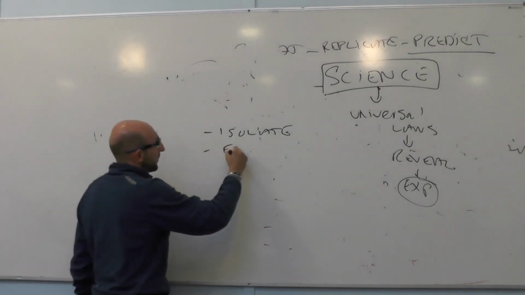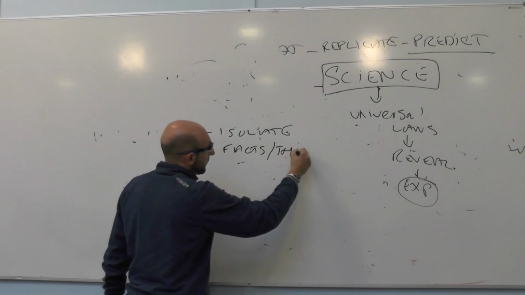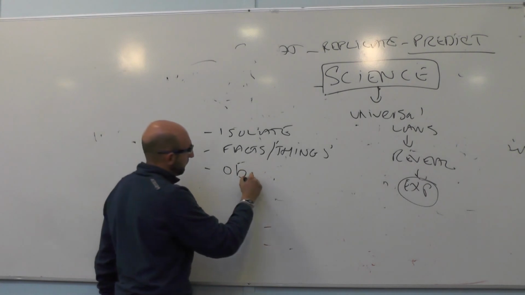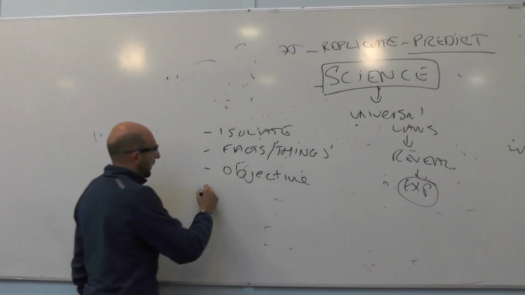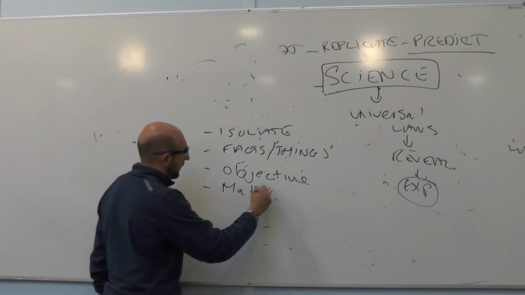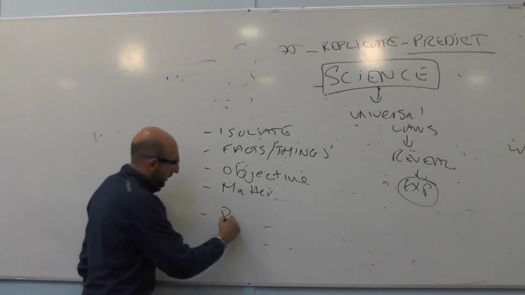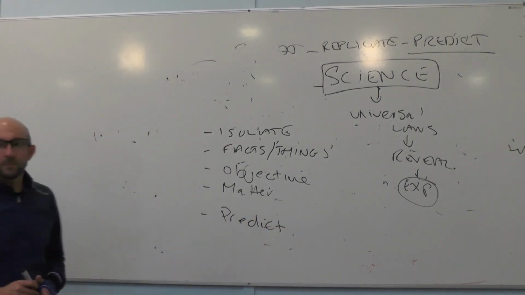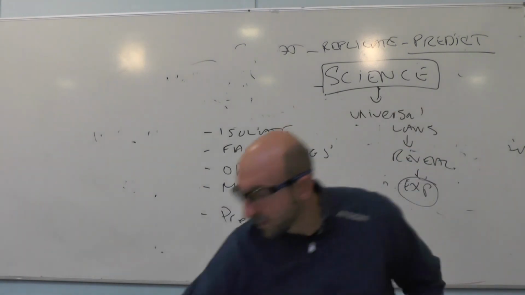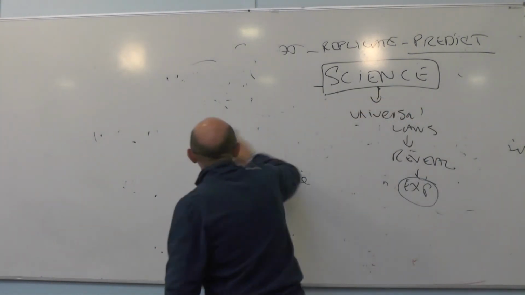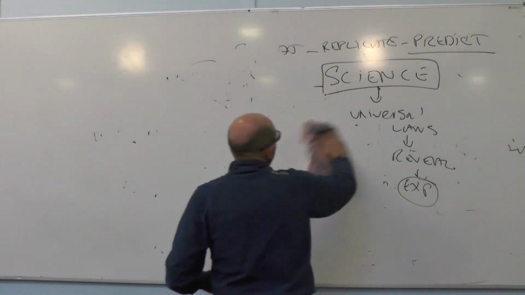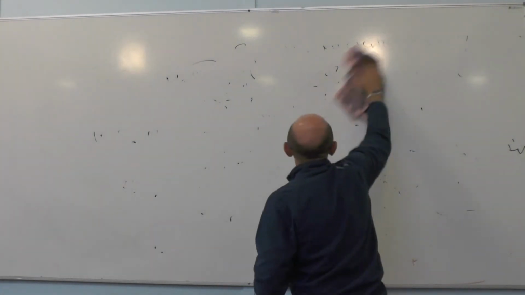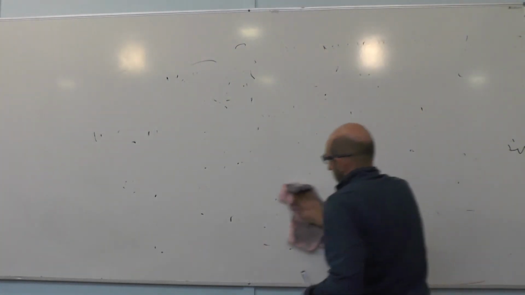We look at facts as though they are things. It seeks to be objective. It looks at matter. It means we can make predictions. Is this making sense? So this becomes a really powerful tool that perhaps we can apply to human behaviour. This new framework of understanding, this new framework of doing, the scientific method.